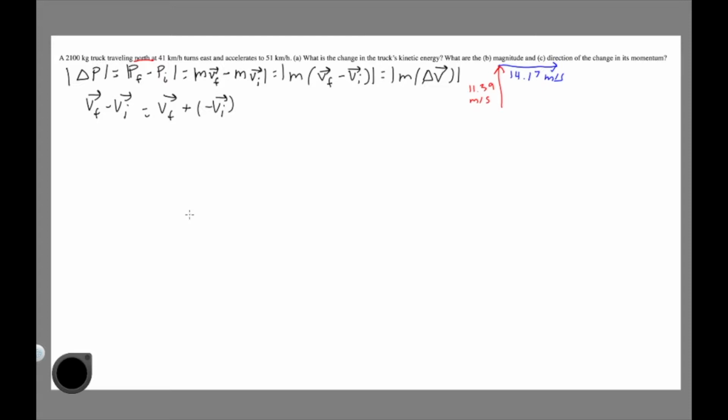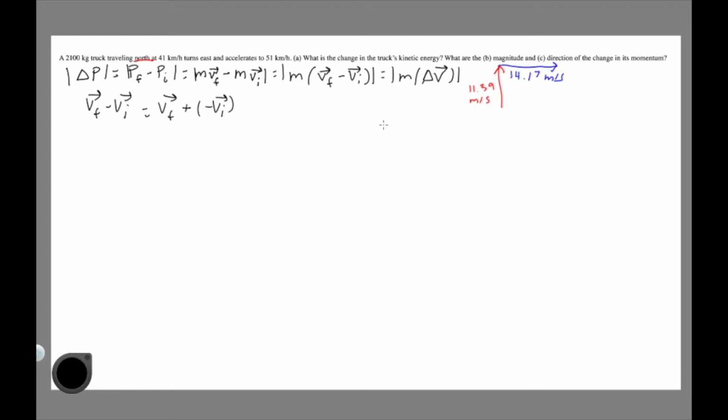Right? Subtracting VI has the same effect of adding negative VI. And this is because the negative of a vector has the same magnitude as that vector, but has an opposite direction. So all we're doing is taking VI and then pointing it in the opposite direction. Right? So instead of east or to the right, we're going to be pointing it in the opposite direction, which is to the left or west.